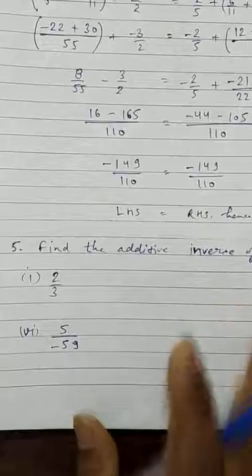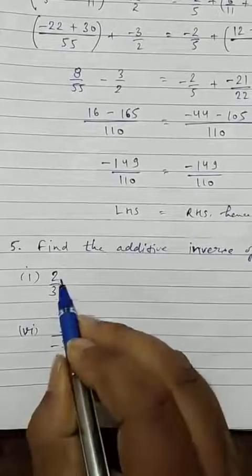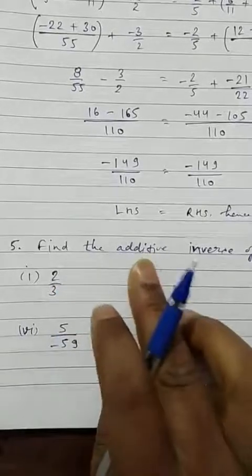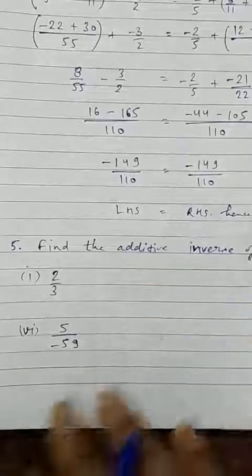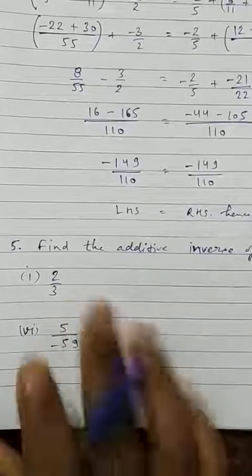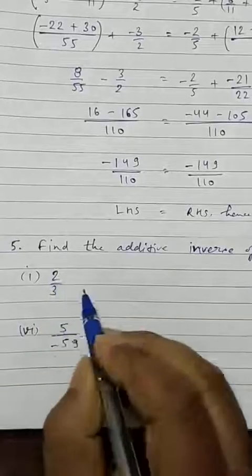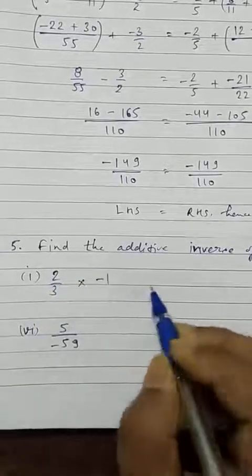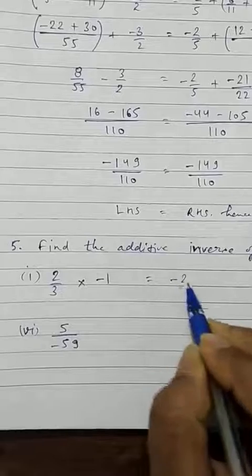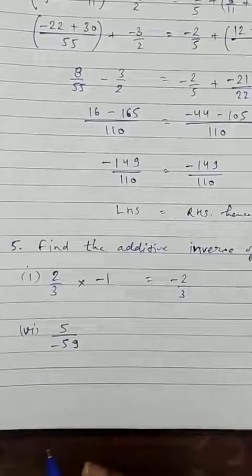Next question is, find the additive inverse of. Students, additive inverse means just reversing the sign of the given rational number. So for reversing the sign, we will multiply it by minus 1. So the answer is minus 2 upon 3.